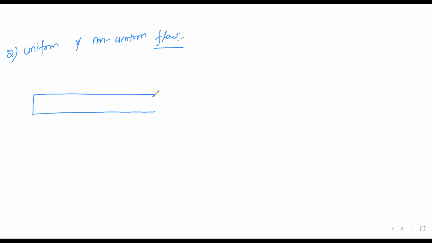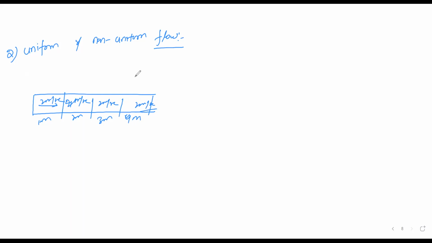Next, we will see uniform and non-uniform flow. Uniform flow means, let's say this is a pipe, and this is 1 meter, 2 meter, 3 meter and 4 meter. At this point the velocity is 2 meters per second. At this point here, 2 meters per second. Here also 2 meters per second.